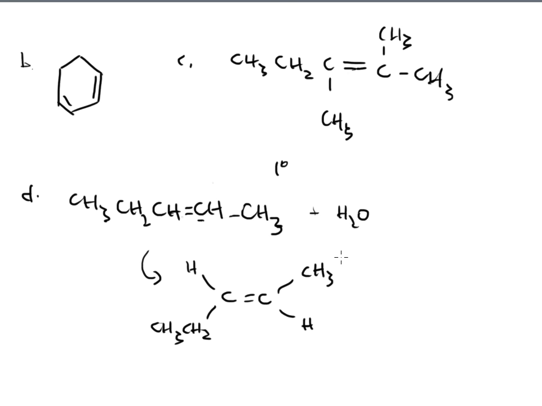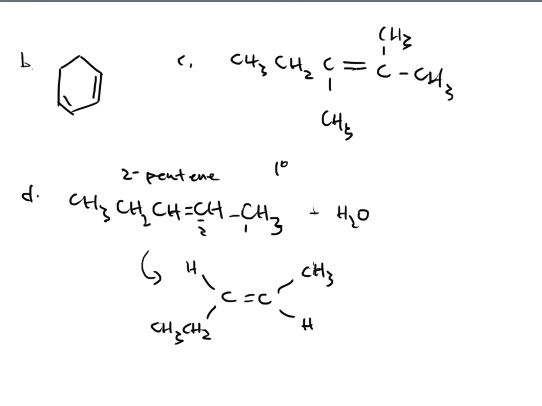And sometimes they don't ask for it at all. If I wanted to name this structure without the stereochemistry, this is a 1, 2, 3, 4, 5 longest carbon chain. So this is a pentene because of a double bond, and this is going to happen at carbon number 2. So 2-pentene would be that product. If I want to be more specific, this is still a 2-pentene.